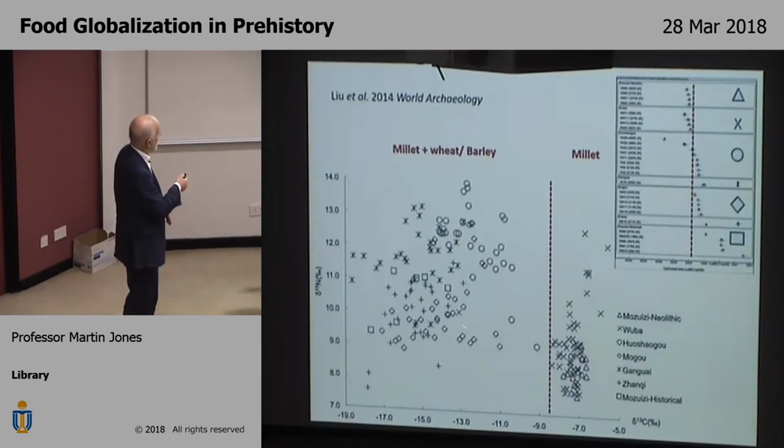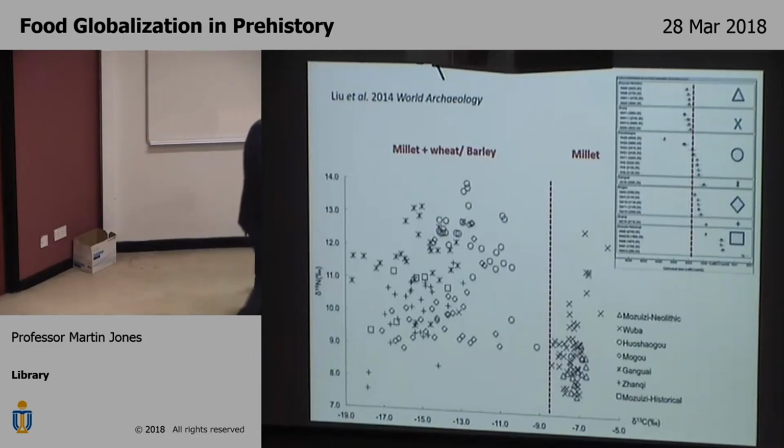On the one hand, they form two groups that are very clear. All of the crosses and triangles are purely millet, and if you look at the date, they're all before 1800 BC. And all of the circles, diamonds, and squares are eating millet with a significant amount of wheat and barley, and they're all the ones after 1800 BC.